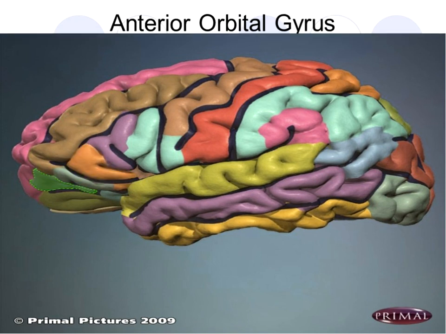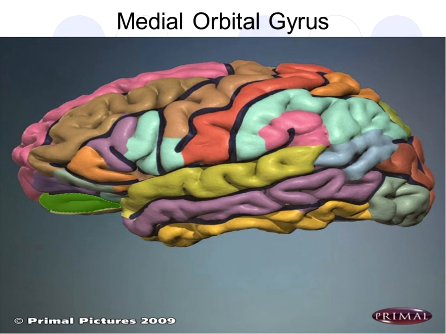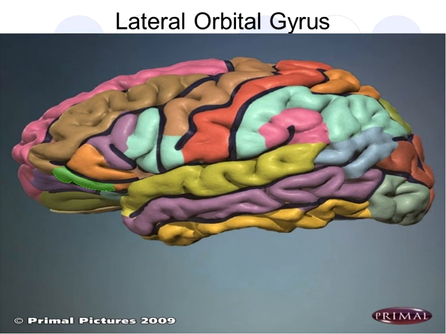Now, then you have also the anterior orbital gyrus, which is in this green area right here. Anterior orbital gyrus. You have the middle orbital gyrus, which is here. And then you have the lateral orbital gyrus, which is here. And this brown area here is pars orbitalis.